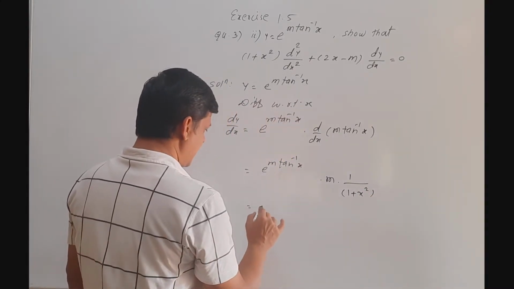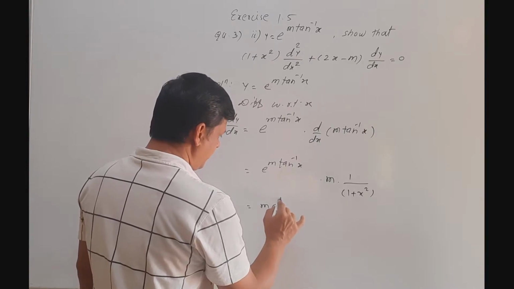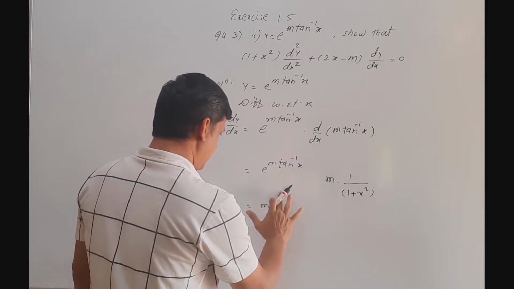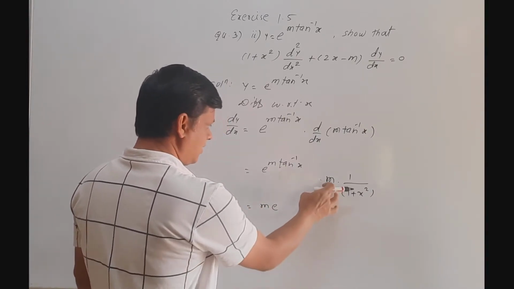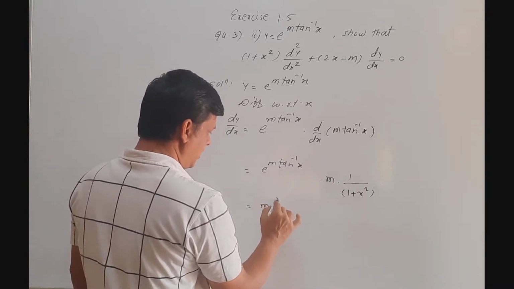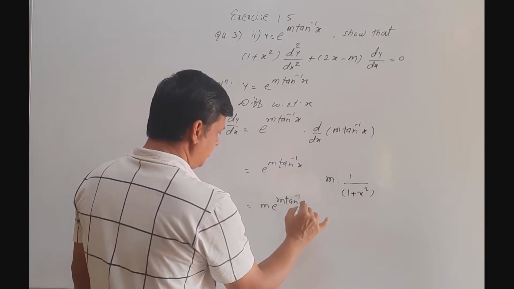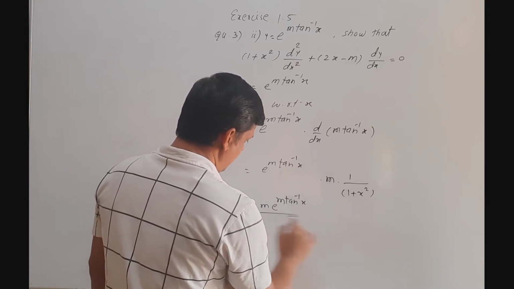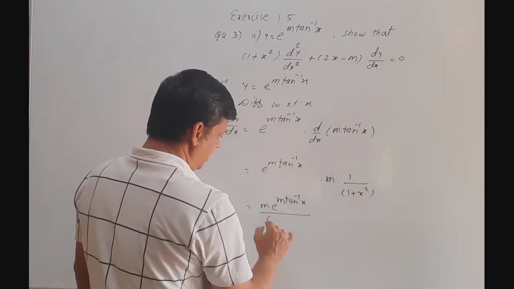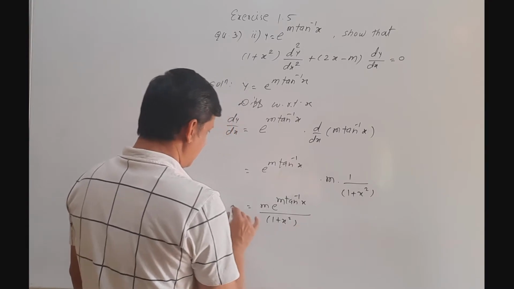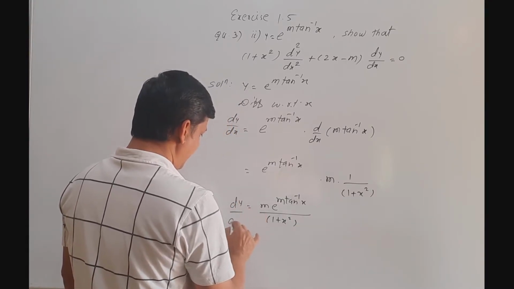So write this as m into e raised to the power m into tan inverse x. This m we write in multiplication, so e raised to the power m tan inverse x, and this 1 plus x square we write in the denominator, 1 plus x square. This is the value of dy by dx.